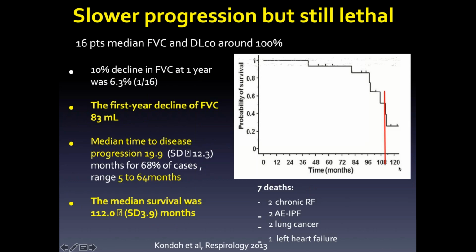We know that progression is observed in IPF patients even if they have normal or almost normal pulmonary function test, and the first year decline of FVC is around 83 milliliters. And we remember that in progressive ILA, the first year decline is around 64 milliliters.